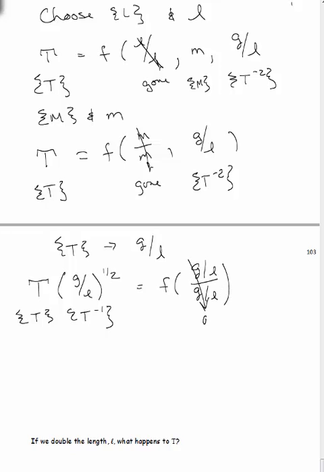That's gone. So basically what we're going to end up with here is T times the square root of g over L equals a function of no variables. Function of nothing. Which means it must be a constant if it's a function of nothing.